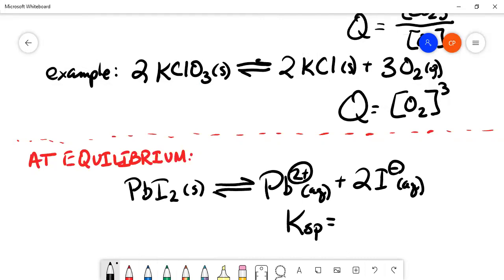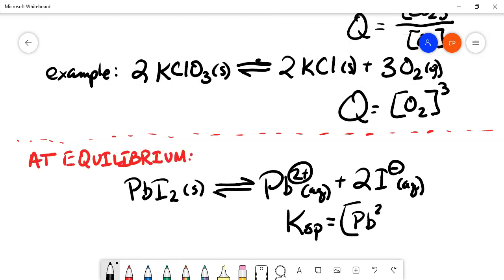Now, even though I'm writing this as an equilibrium, it goes the same exact way as any reaction quotient we've written thus far. What are my products? What are my dispersed phase products? Got the Pb2+.